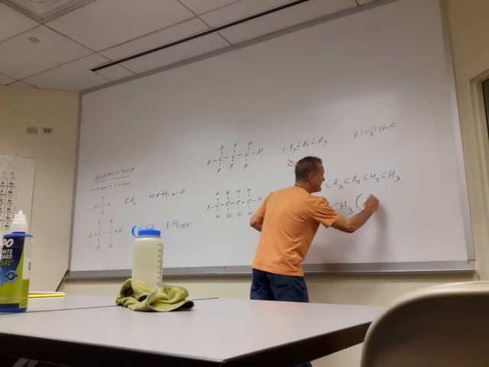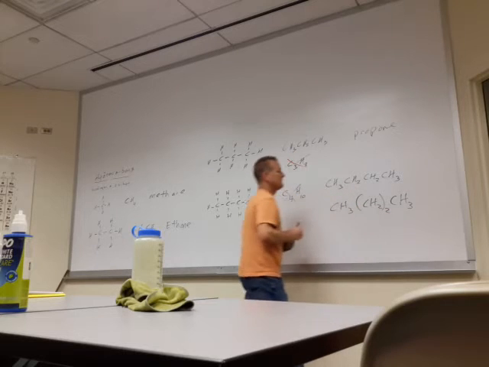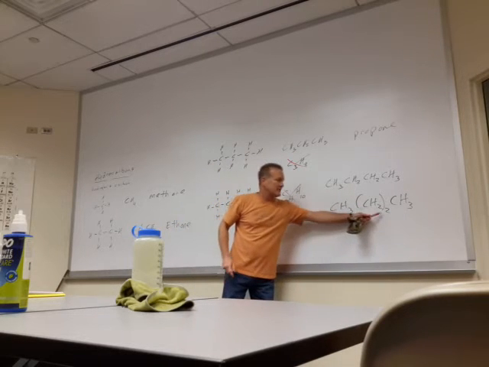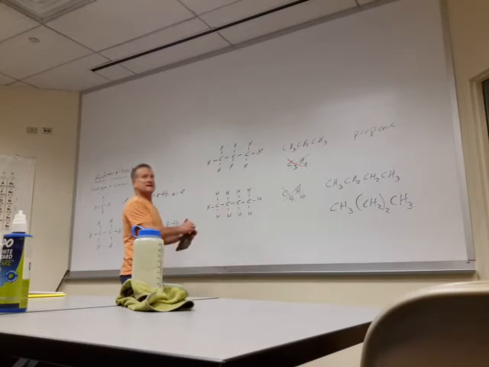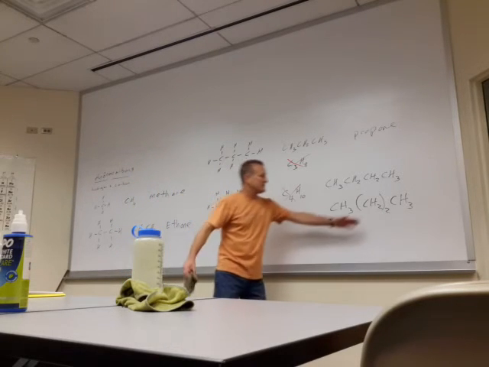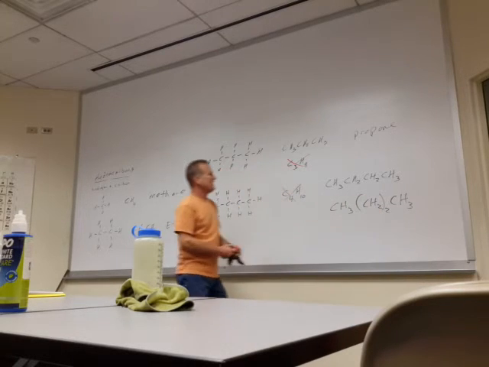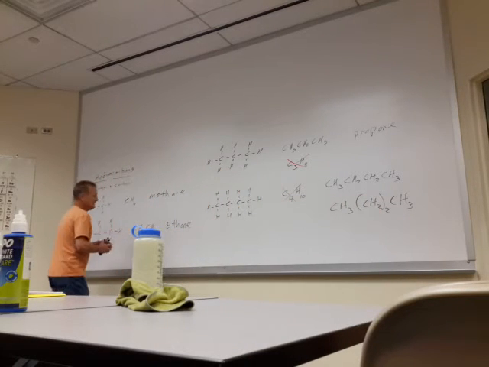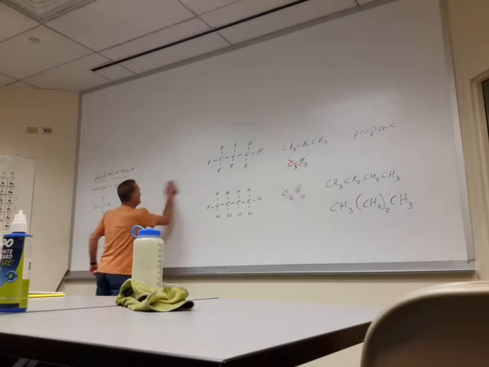CH3, open parentheses, CH2 subscript 2, CH3. So this shows us that there are 2 CH2s in the middle. And so as they get longer and longer, you just change this from 2 to 3 to 4 to 5 to 6. But here's why you don't want to do what I've shown crossed out in red.